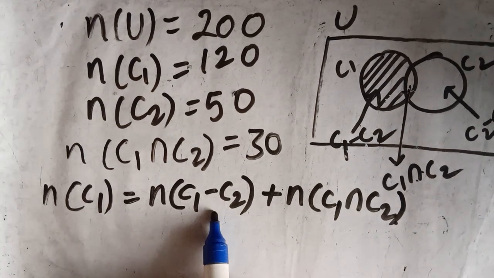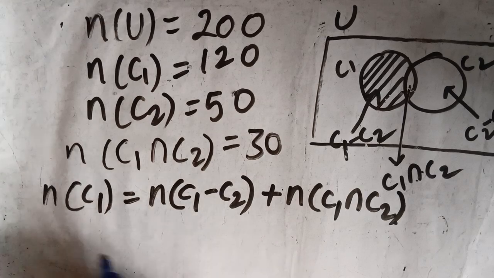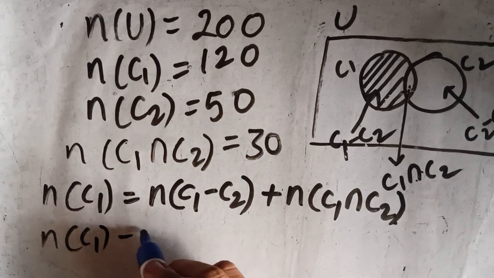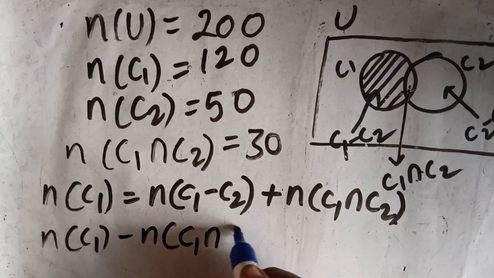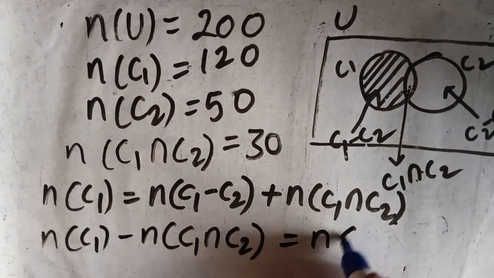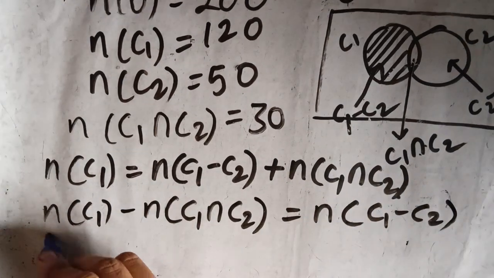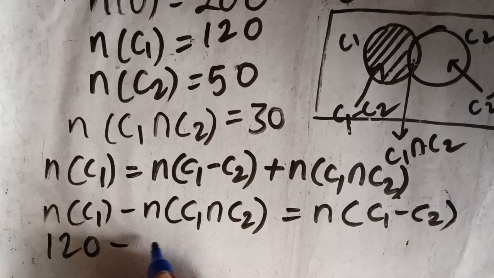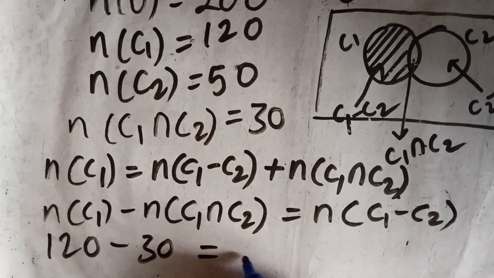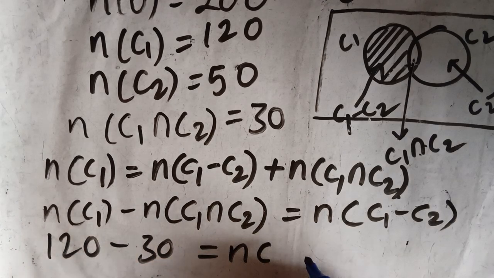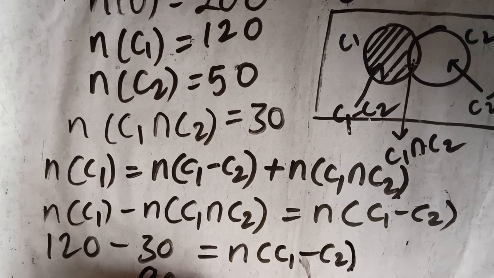So you can write this as n of C1 minus n of C1 intersection C2, which is C1 minus C2. Substituting, 120 minus 30, so C1 minus C2 is 90.